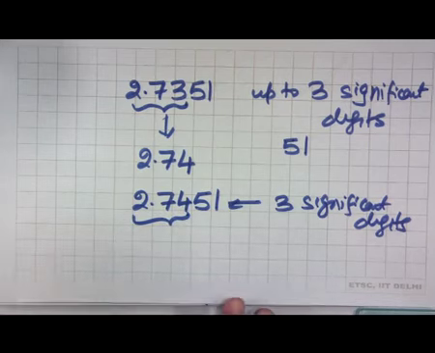Now, let us take one example here which will help us to understand all these things. Let us say, suppose the length of a rectangle is measured as 16.2 centimeters and the breadth is measured as 10.1 centimeters, and this is using a meter scale, and we want to find out the area.